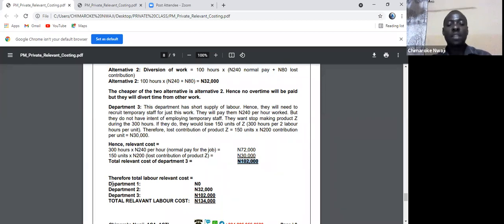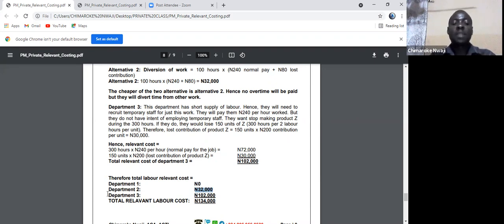So let's look at what is the total relevant cost for labor. Department 1, the labor cost is 0. For Department 2, we're told it's 32,000. This 32,000 was as a result of diverting job instead of overtime.